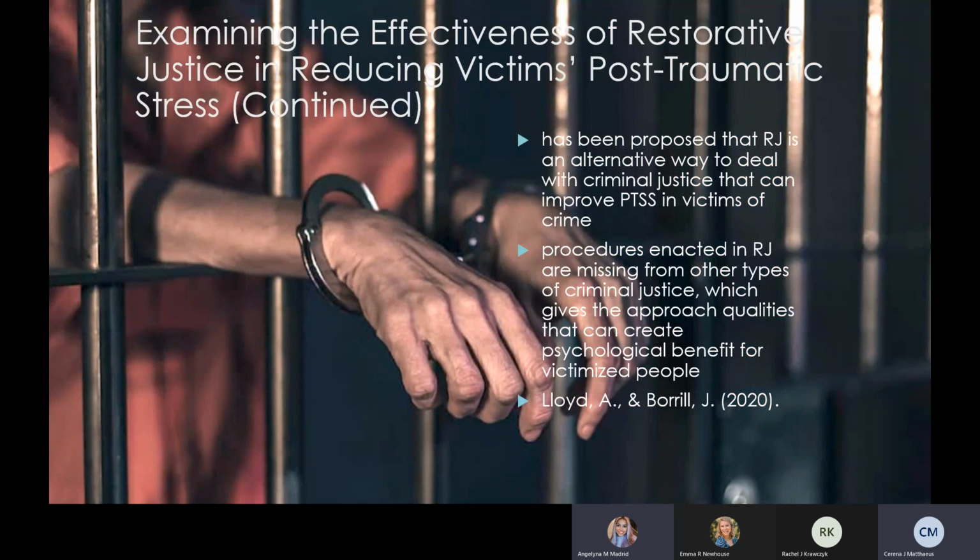So taking everything into account, it has been proposed that restorative justice is an alternative way to deal with criminal justice that can improve PTSS in victims of crime. And the procedures enacted in restorative justice are missing from other types of criminal justice, which gives the approach qualities that can create psychological benefit for victimized people.